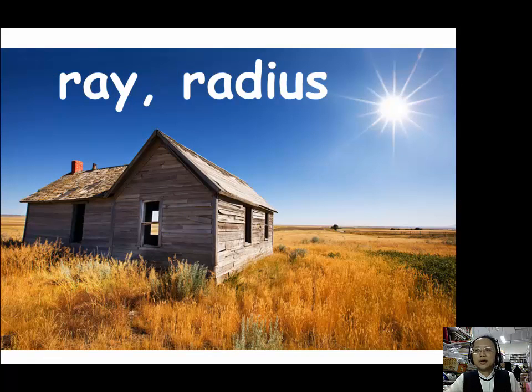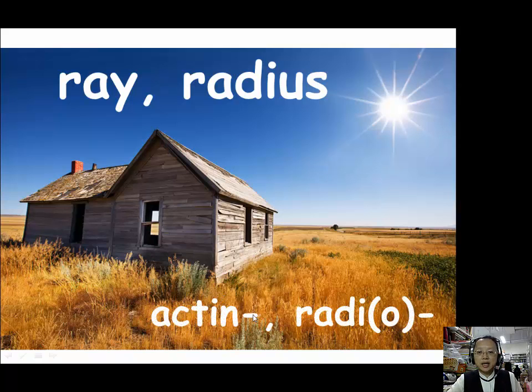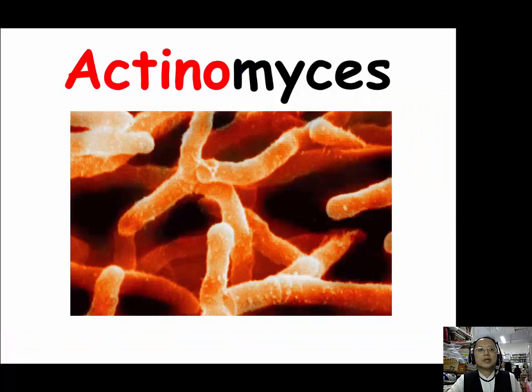For things that are ray shapes, we use the prefix actin, A-C-T-I-N, or radio, R-A-D-I-O. Let's see our example. Actinomyces.